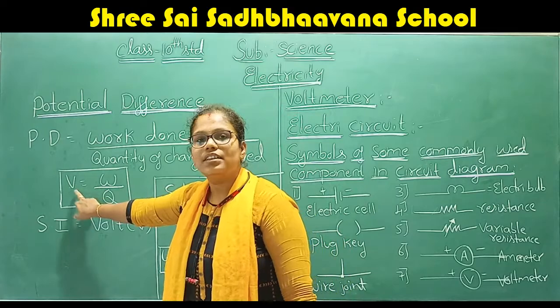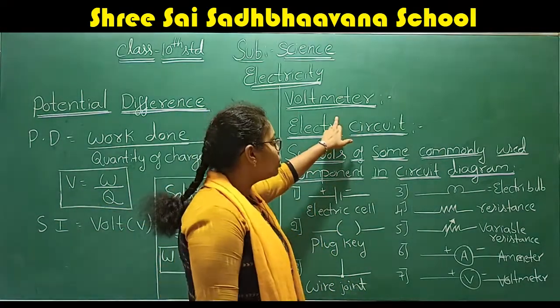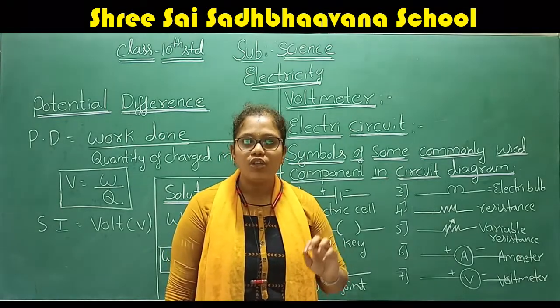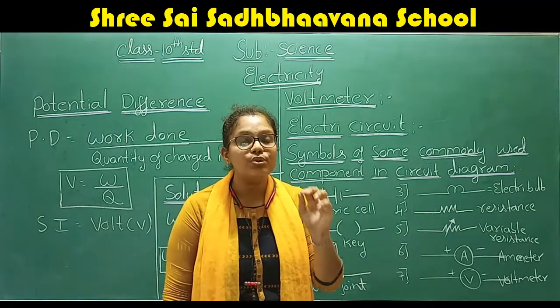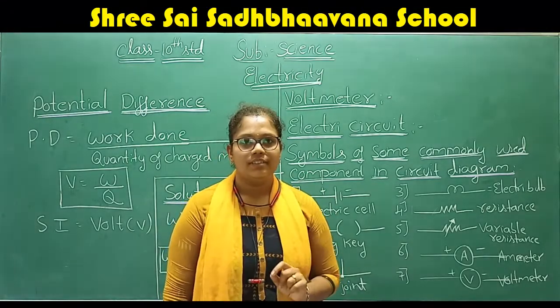To find this potential difference, we are going to use the voltmeter. The voltmeter is an instrument used to find the potential difference in a circuit.